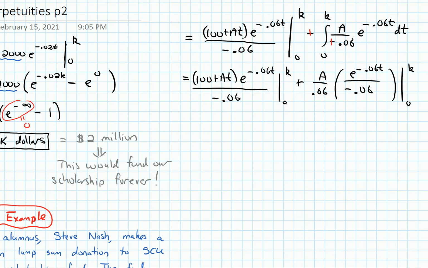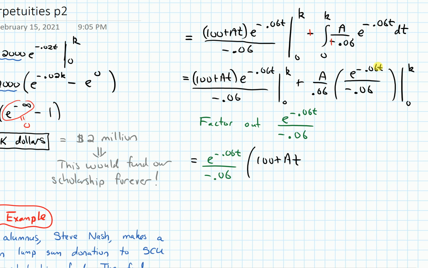All right, so now let's factor out common terms. We can factor out e to the negative 0.06t, which is common, and they also have this negative 0.06 in both of their denominators. So doing that, we factor out e to the negative 0.06t over negative 0.06, and then what's left over from the first fraction is just 100 plus at.